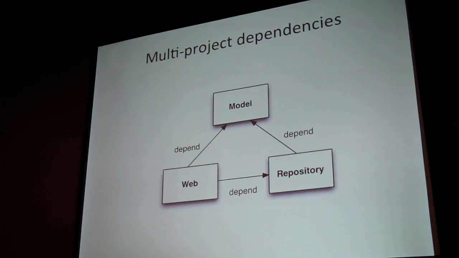We have one that defines a repository component, which gives you the data access layer for getting this information and translates it into objects. And then we have a web component which handles the HTTP requests and in the end renders the to-do items in the browser. We see certain dependencies here between these components. This can be modeled pretty easily in Gradle with multi-project builds.